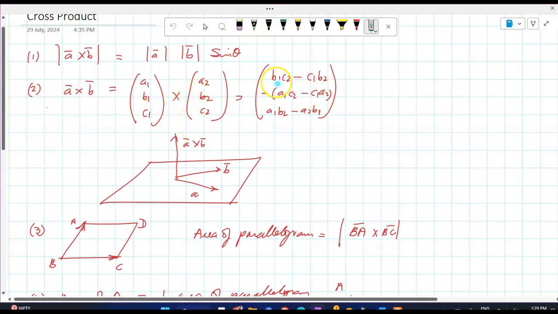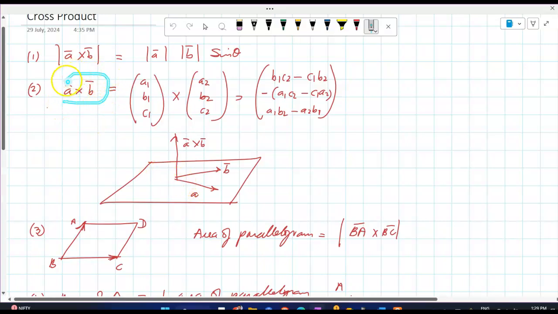Can I just do it on a calculator? You can, but if the variables are given, you need to know this mechanism. It's in your formula booklet as well. Then minus A1, C2 minus C1, A2, and the third one is A1, B2 minus A2, B1.